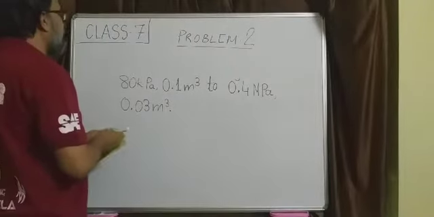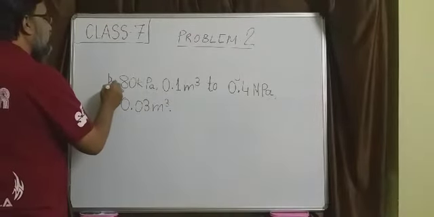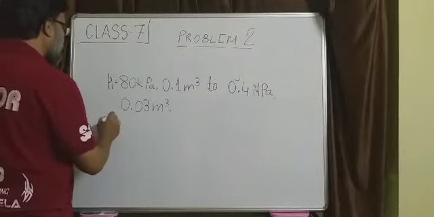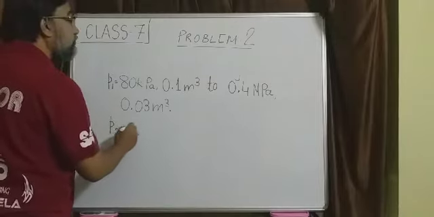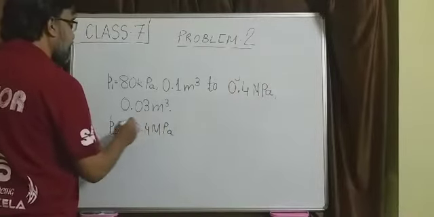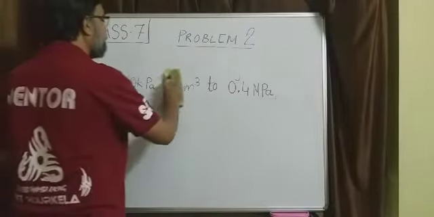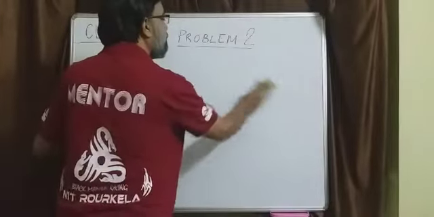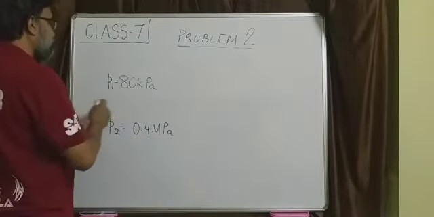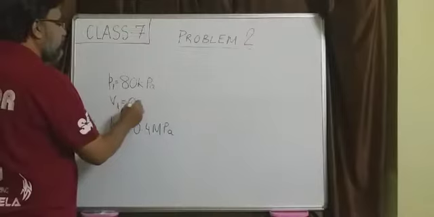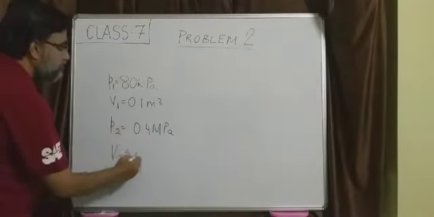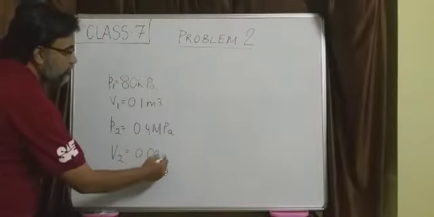So let me write P1 is 80 kilopascal, then P2 is 0.4 megapascal, V1 is 0.1 meter cube and V2 is 0.03 meter cube.